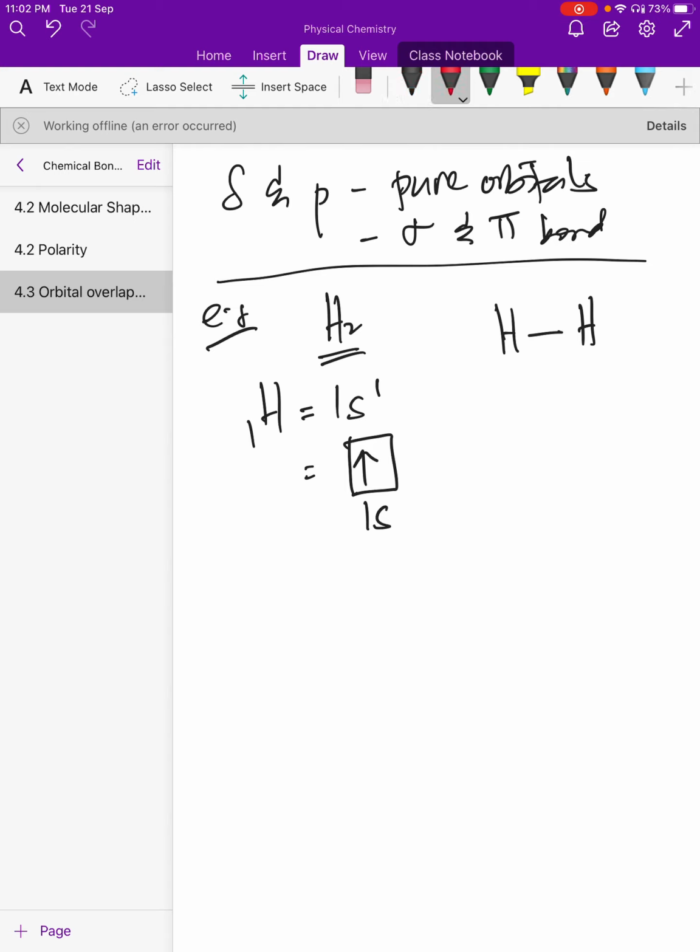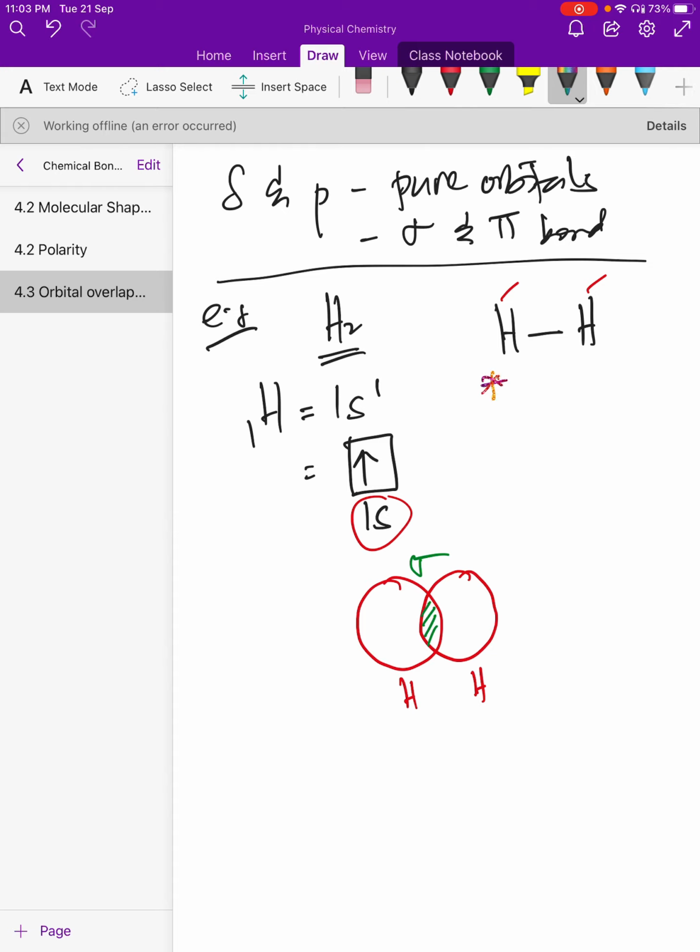As students can see, this is S orbital. S orbital is spherical. So the hydrogen on the left hand side is spherical. Hydrogen on the right hand side is also spherical, and that spherical will overlap with the spherical on the left hand side. The area that they overlap gives us a sigma bond.